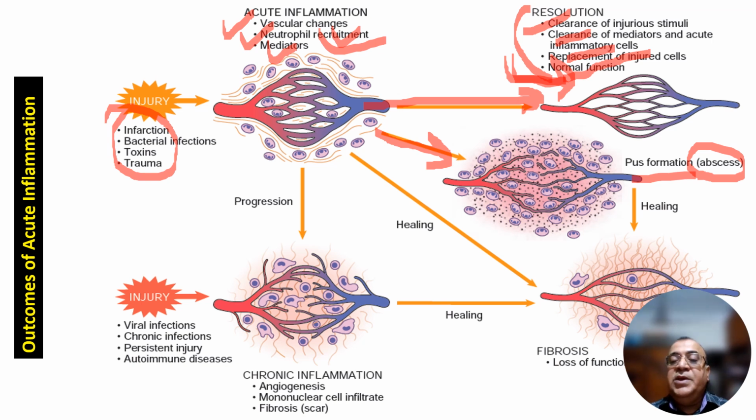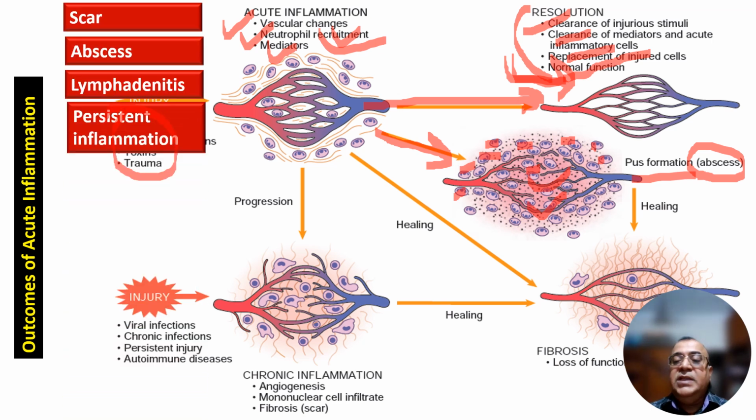There will be invasion by neutrophils that are present in acute inflammation. Some cells are dead, and the presence of necrotic debris and necrotic neutrophils is characteristic of this pus formation.